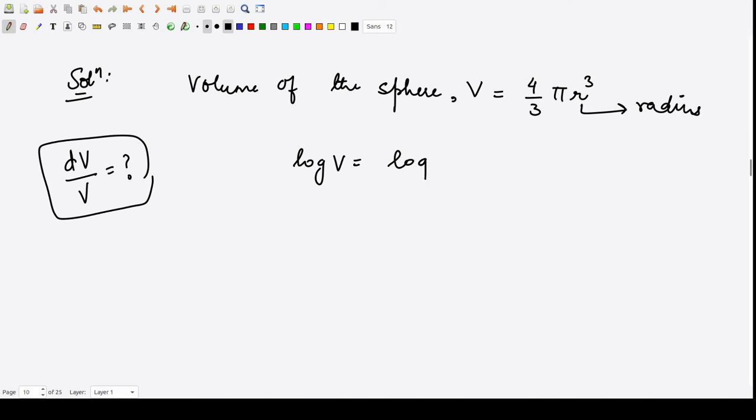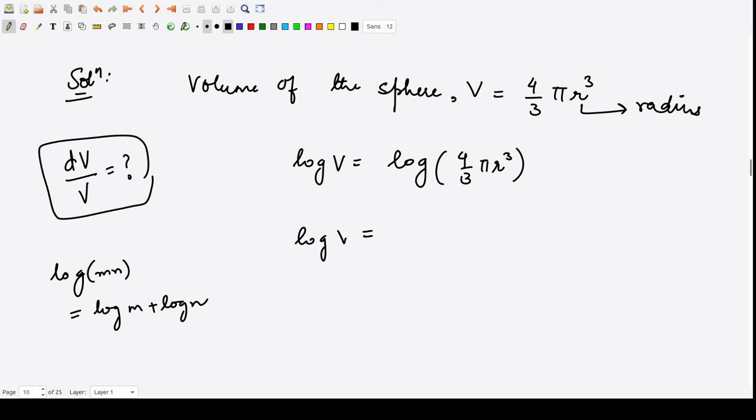So we will have log of 4 by 3 pi r cube. Now we can use the formula log of mn equals log of m plus log of n. So we will have log of V equal to log of 4 by 3 plus log of pi plus log of r cube, right?